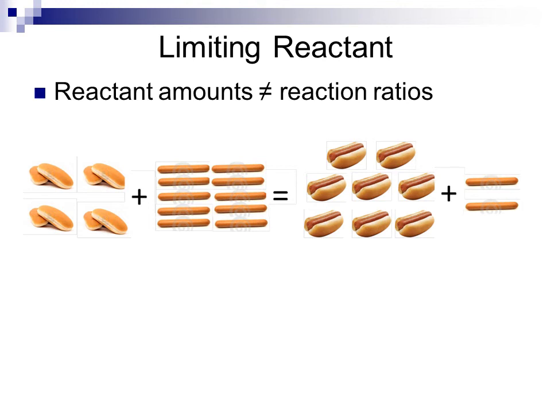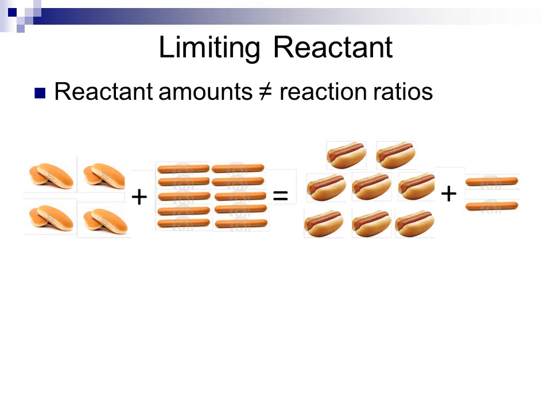So if we put them together, because there are only 8 buns, we can only make 8 hot dogs. But because there are a total of 10 wieners, we have 2 of the wieners left over. So we're limited in the number of hot dogs we can make by the hot dog buns. The hot dog buns would be analogous to our limiting reactant in chemical terms.